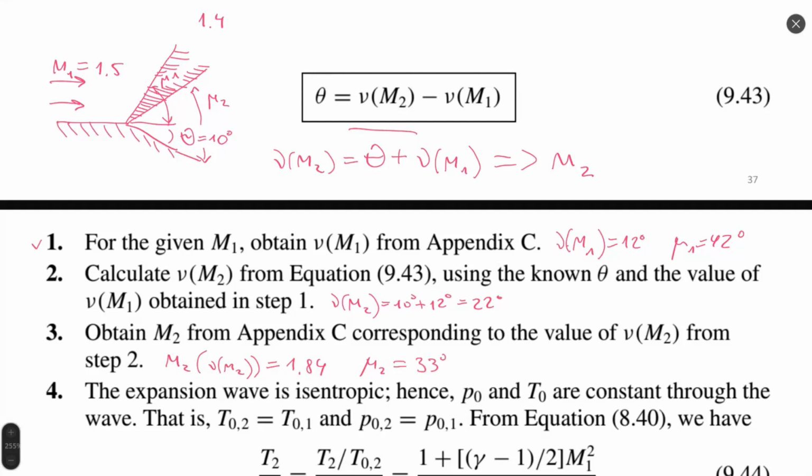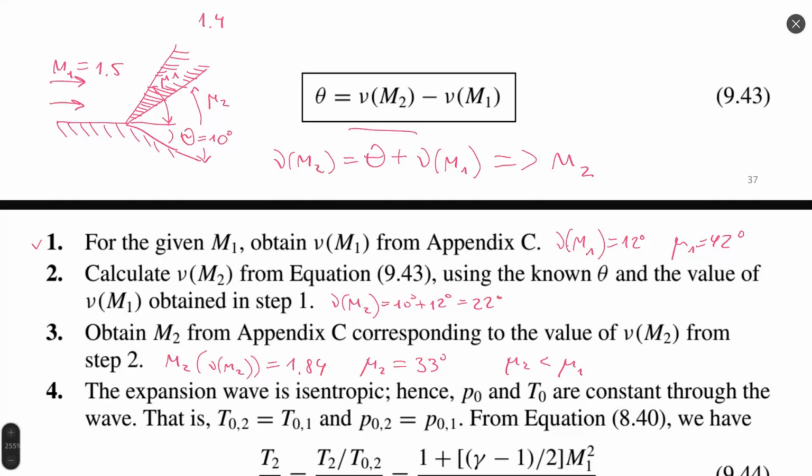Pay attention to the following: mu2 is always smaller than mu1. Flow accelerating reduces Mach angle, so it becomes closer and closer to body surface.